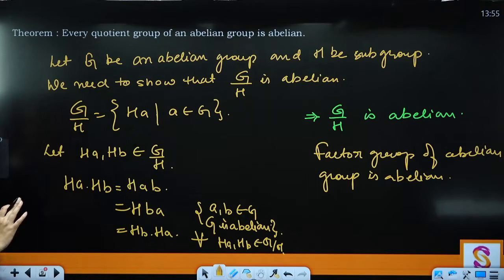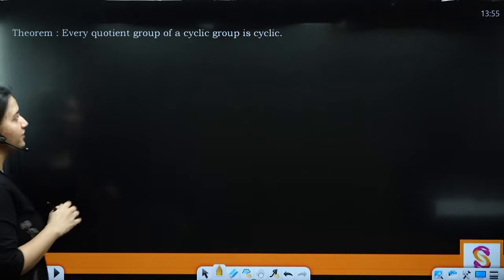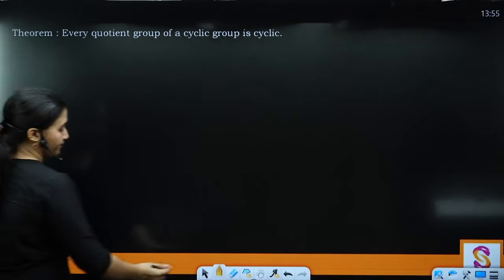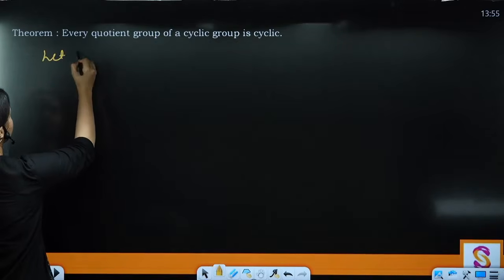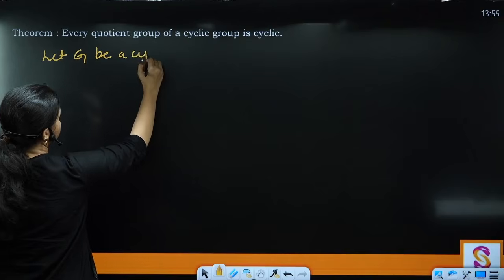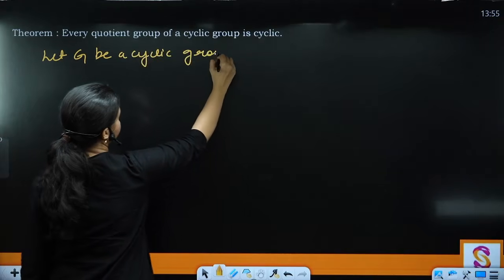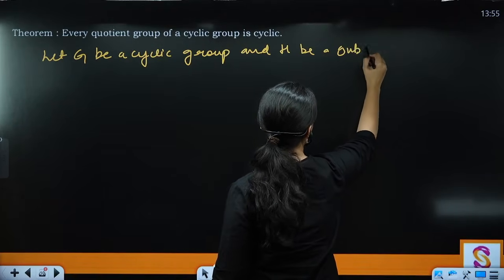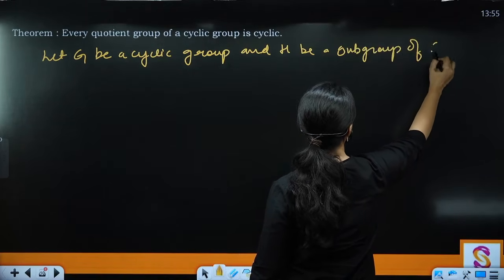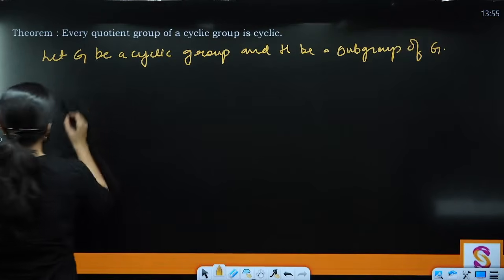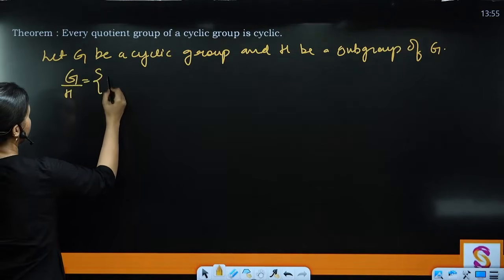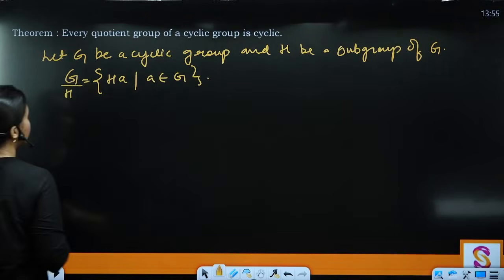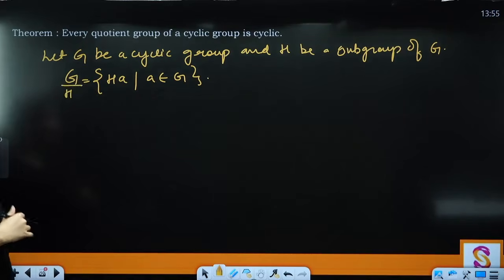Okay. So similarly, we are going to show that every quotient group of a cyclic group is going to be cyclic, right? Let G be a cyclic group and H be a subgroup of G. G/H is a quotient group of the form Ha, where a belongs to G. Now we need to show that G/H is a cyclic group.